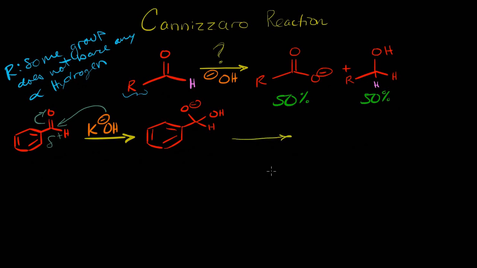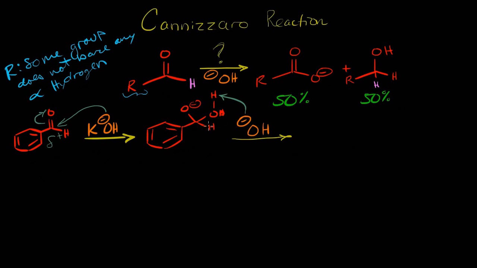Now from here, we need something else to do. Recognizing what's in solution, we have our intermediate with a bunch more hydroxide. We're going to use that hydroxide again, but in this case it's acting as a base, not a nucleophile, and the only thing that's acidic here is that alcohol OH. I'm going to redraw this a little bit nicer, just like that.